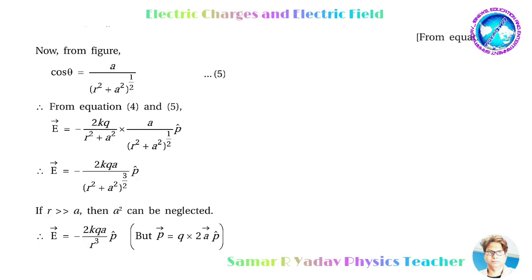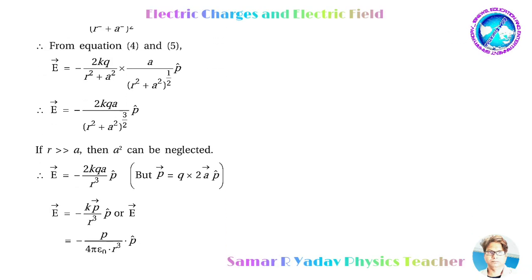From equations 4 and 5, vector E is equal to minus 2kq upon r square plus a square into a upon, in bracket, r square plus a square, bracket over raised to 1 by 2, into unit vector p. Therefore, vector E is equal to minus 2kqa upon, in bracket, r square plus a square, bracket over raised to 3 by 2, into unit vector p.